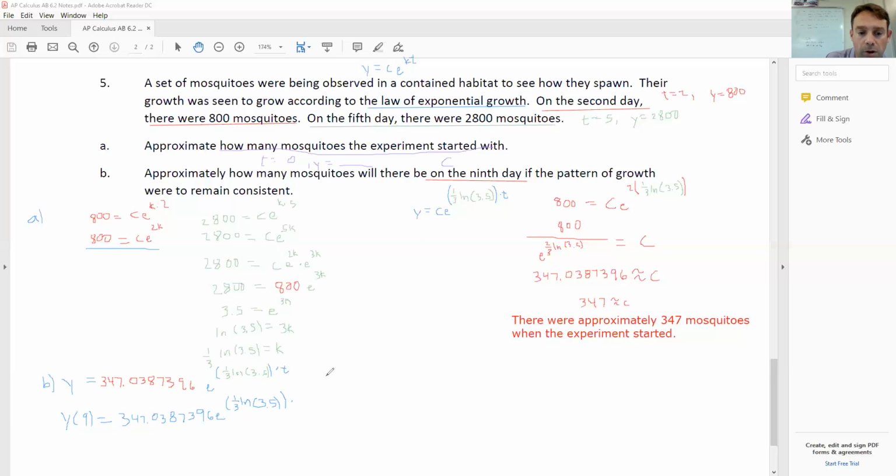And when we do that, we get that is going to be approximately 14,879.28596.